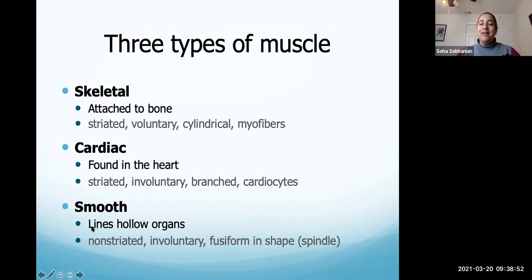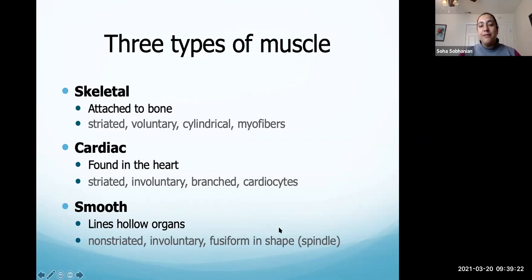The one that we usually don't discuss in detail beyond what is written here is your smooth muscle. This is typically found lining the hollow organs like your stomach, intestines, uterus, bladder, etc. They are non-striated, so you won't see that striping pattern of light and dark color. Their movement is involuntary. Again, you don't control when your stomach or intestines move.